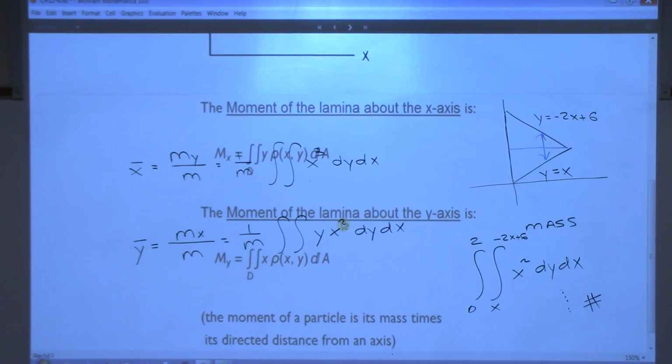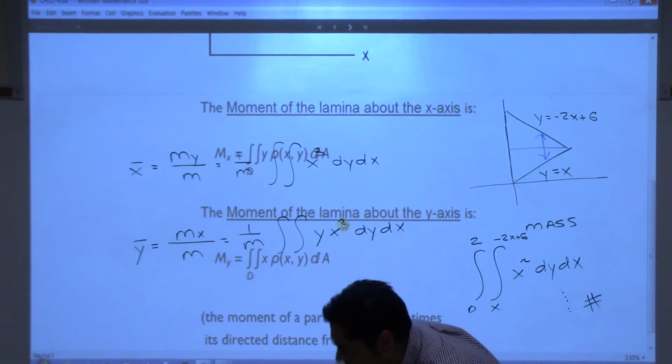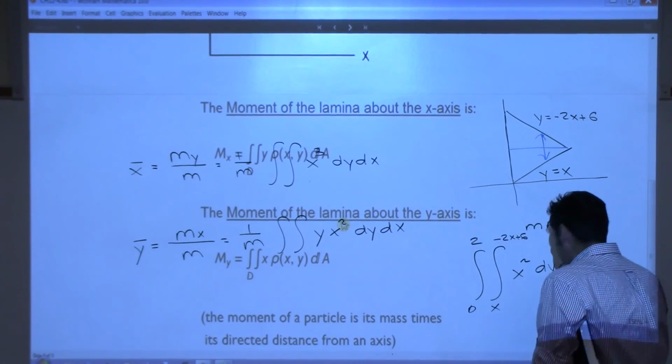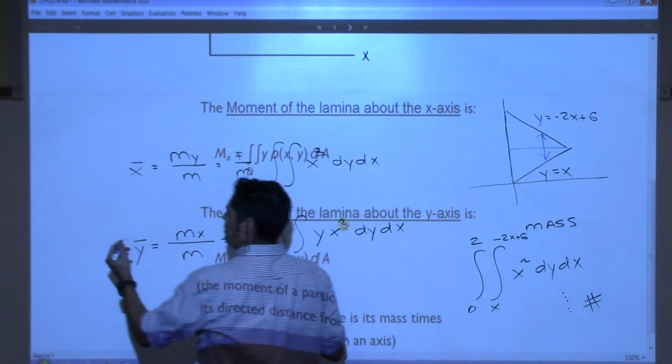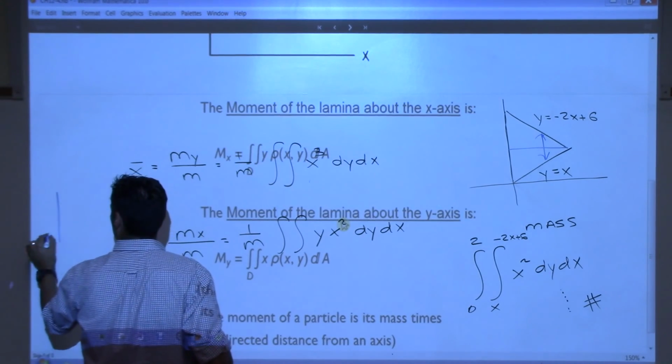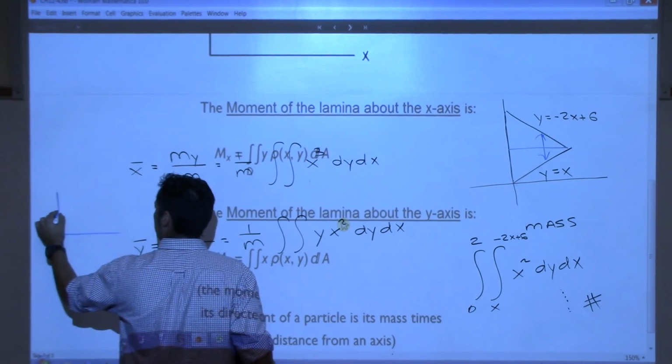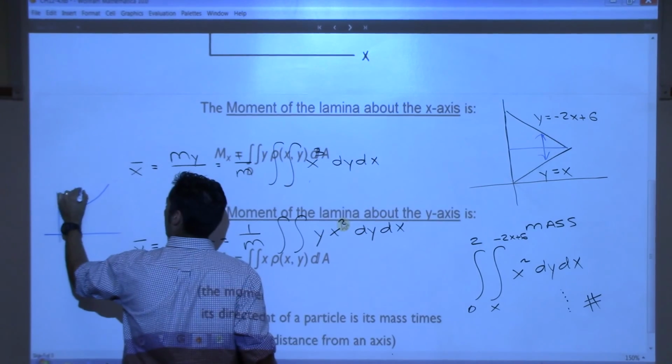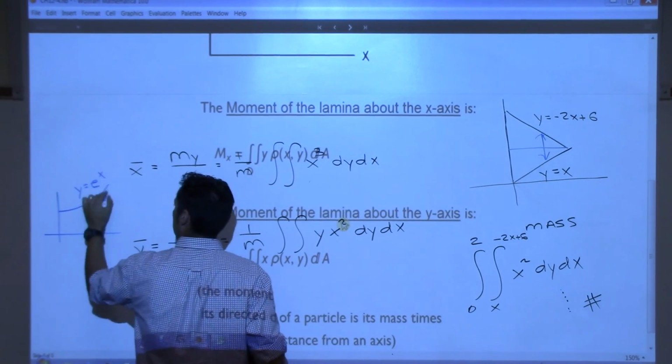Who has the book? I do. Okay, so look, on number 4, let's fix that first. On number 4, the region is the region, this is y equals e to the x.